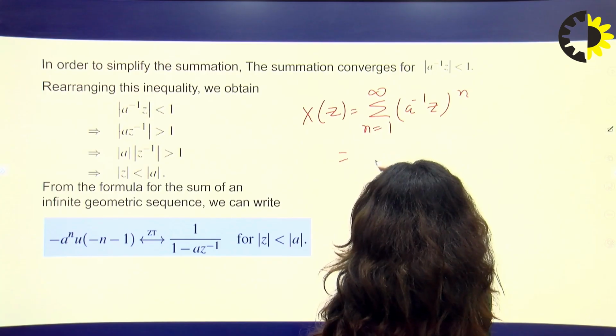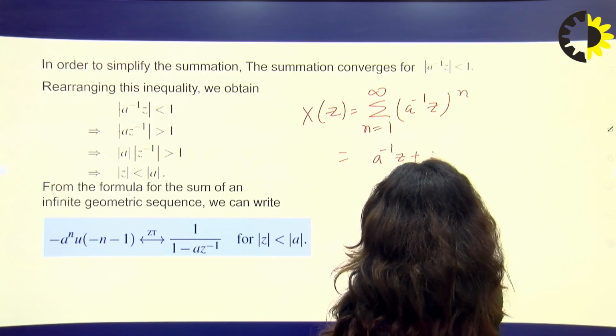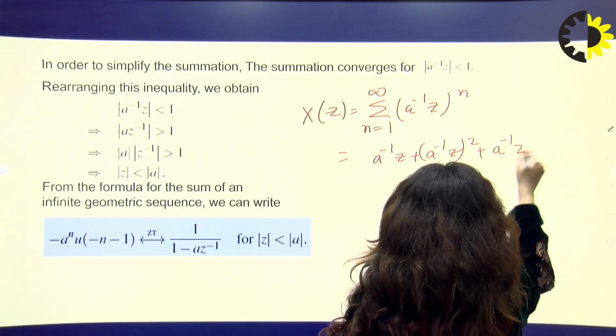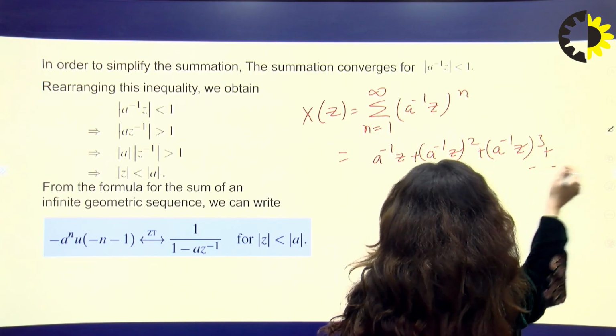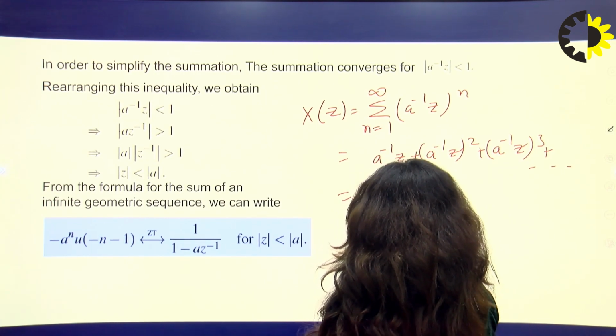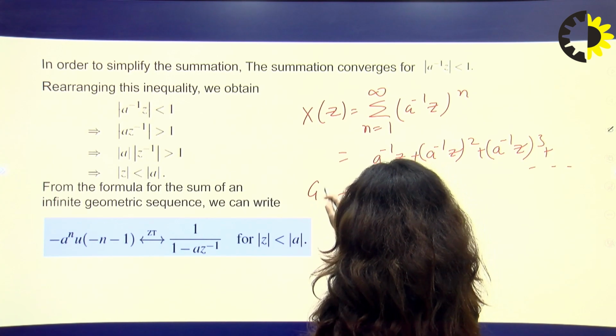When you solve it: a inverse z plus a inverse z squared plus a inverse z cubed and so on. The relation is a upon 1 minus r, so this is a GP.